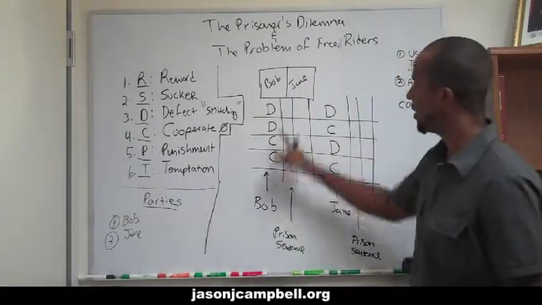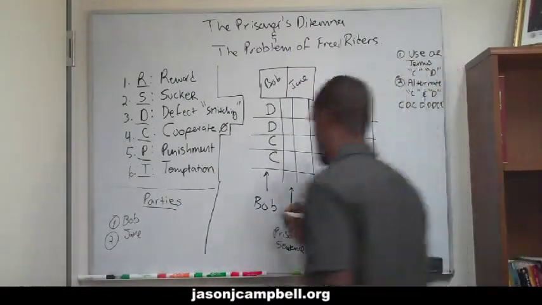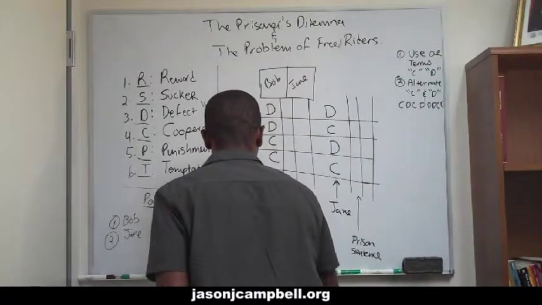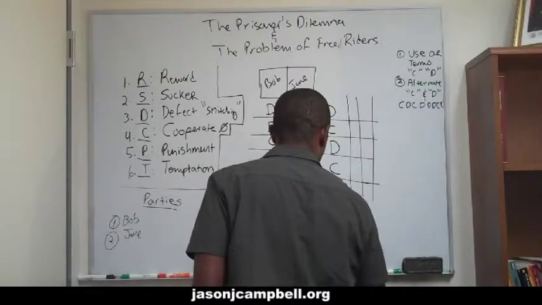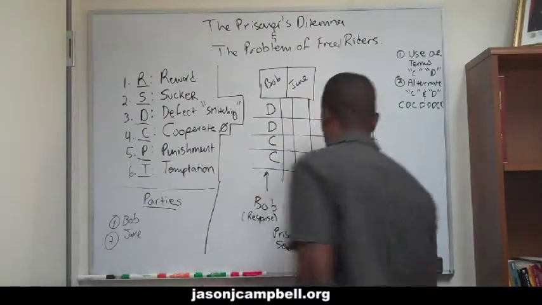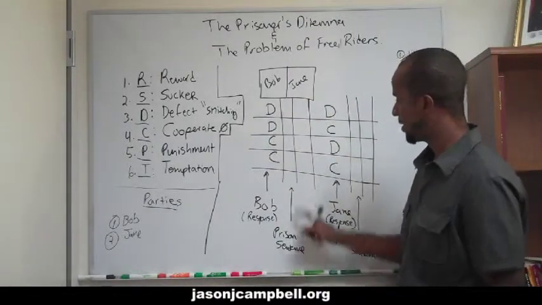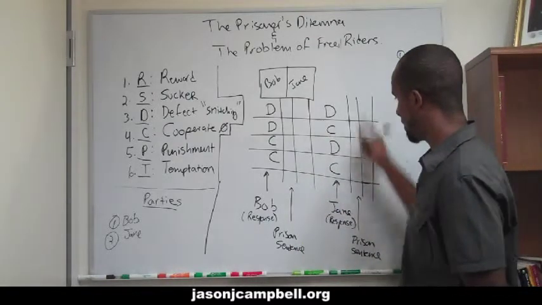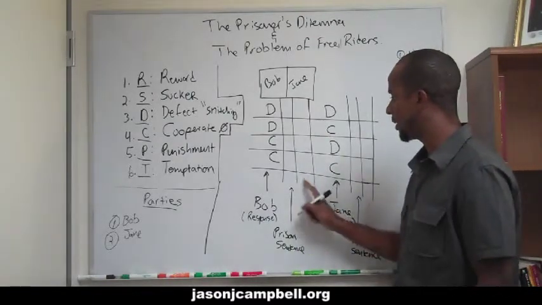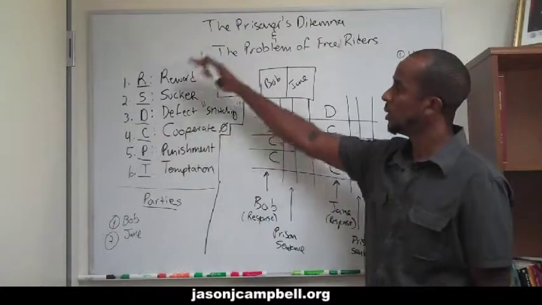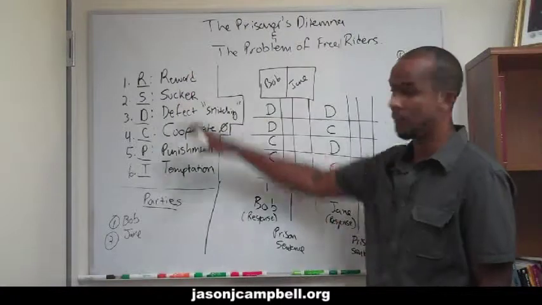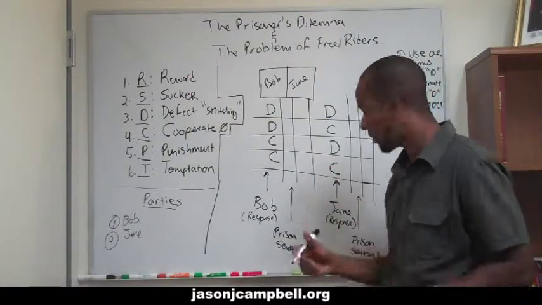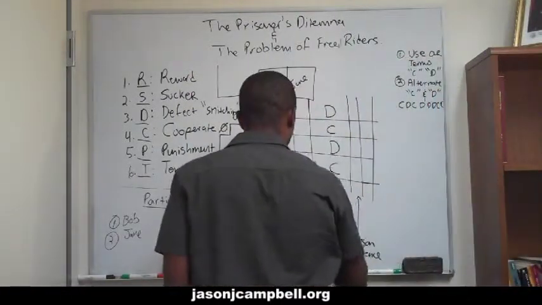Okay, so the first column is their response, and we'll put response. The first column is their response. The second column is their prison sentence. And then the last column is where we'll make an assessment of the level of engagement, right? So the last is the assessment.